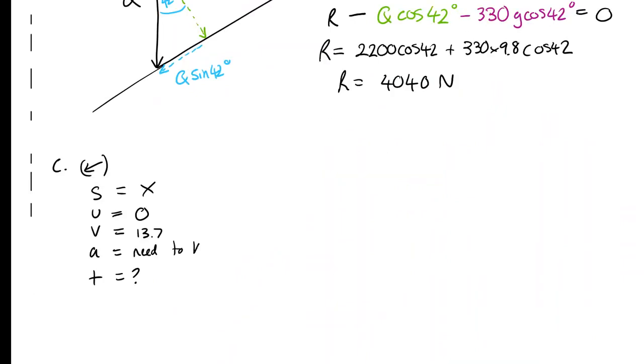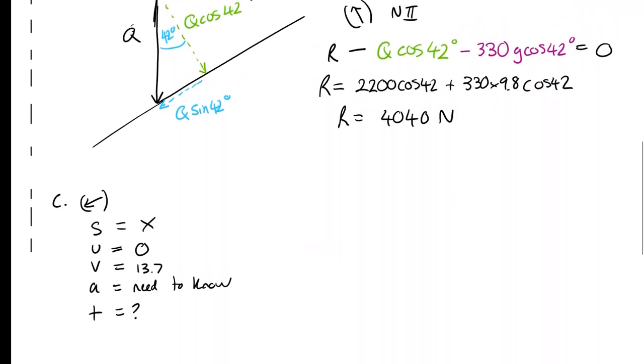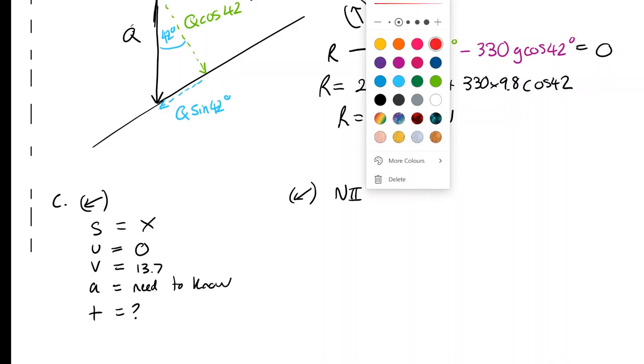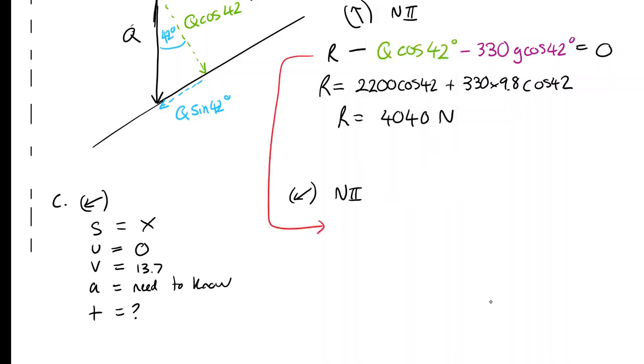So we need to know acceleration. We need to know three things to make use of a SUVAT. So if we want to get the acceleration, we need to go back to the forces. So we apply Newton's second law parallel to the slope. It's the same setup as before, so we can pull this line straight down.